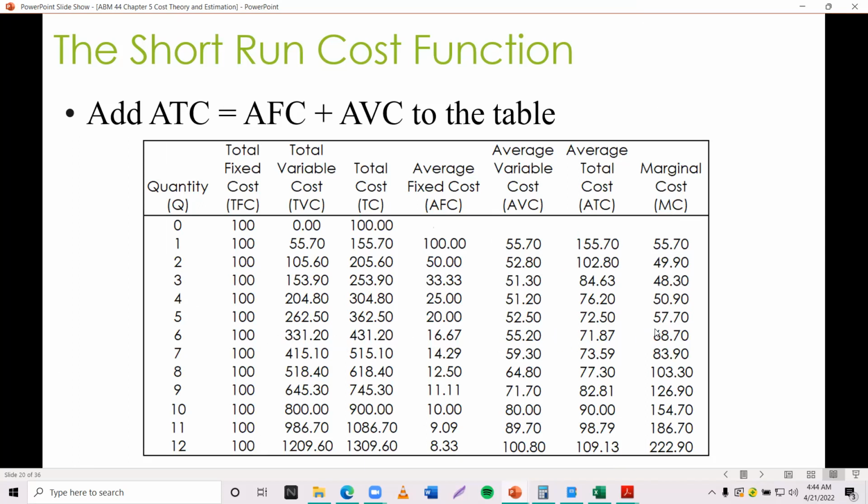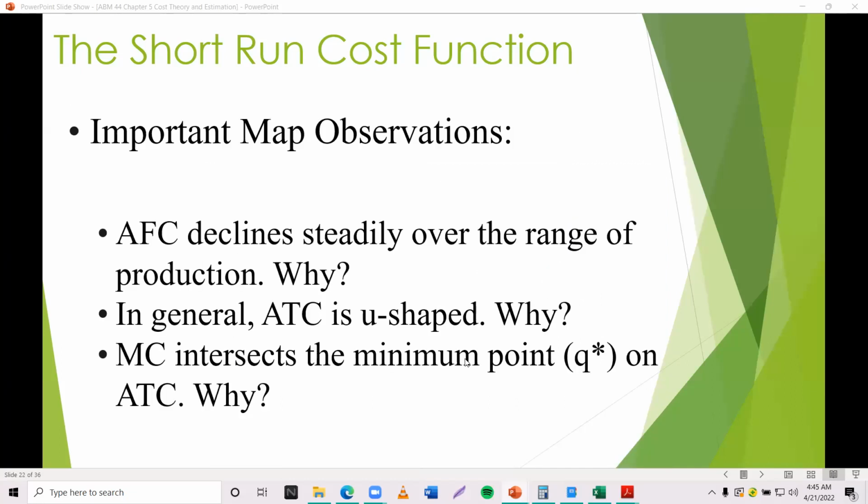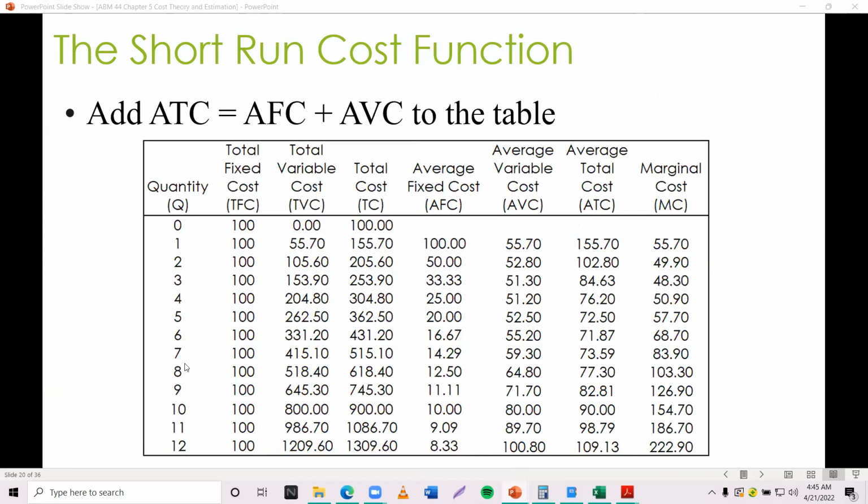It is due to the big difference between fixed cost and variable cost, which can cause a curve. They are intersecting at point 6 because of the minimum point. So the minimum would be at 6.